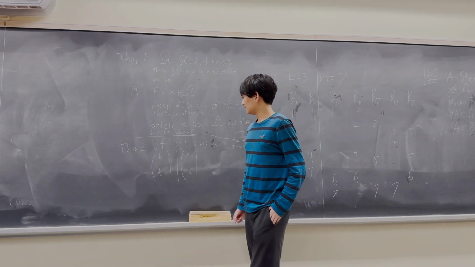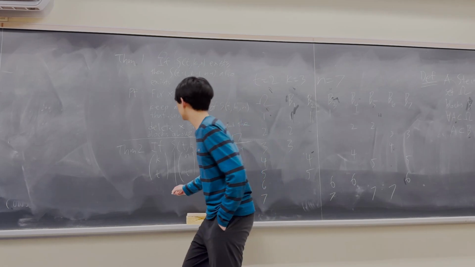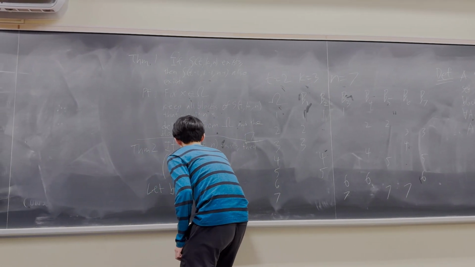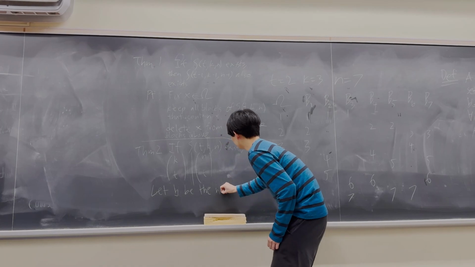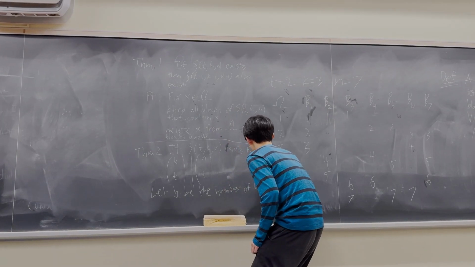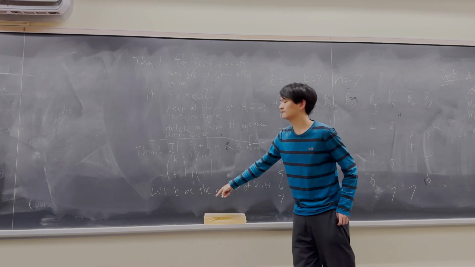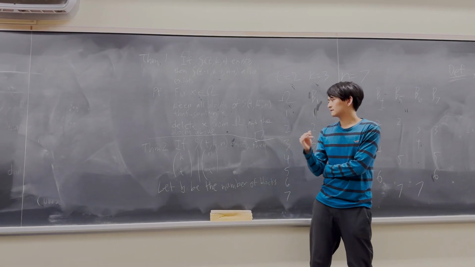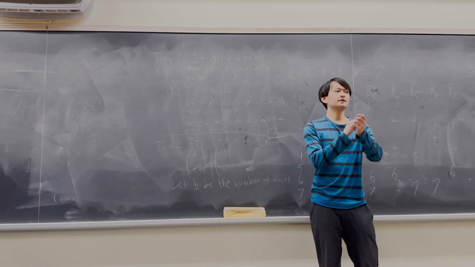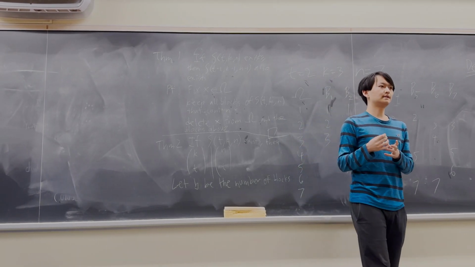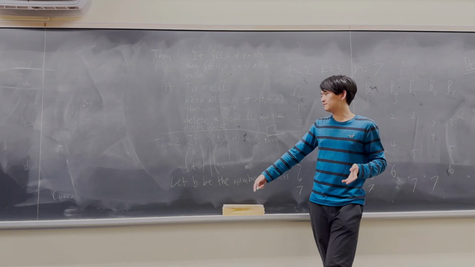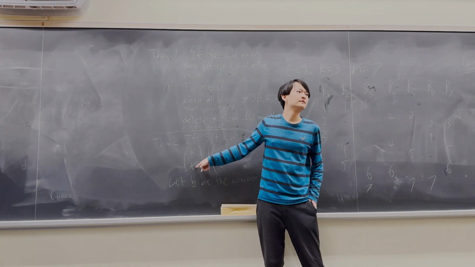So let B be the number of blocks. That means if we consider the set of all subsets of size t that we can get from any single one of our blocks, that is going to be B times k choose t.